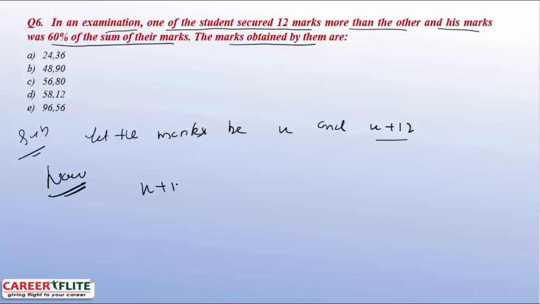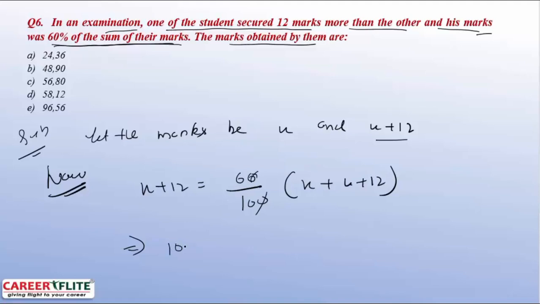x plus 12 is 60% of the sum of the two students' marks, that is x plus x plus 12. If you solve this, we'll get 10x plus 120 equals 12x plus 72.